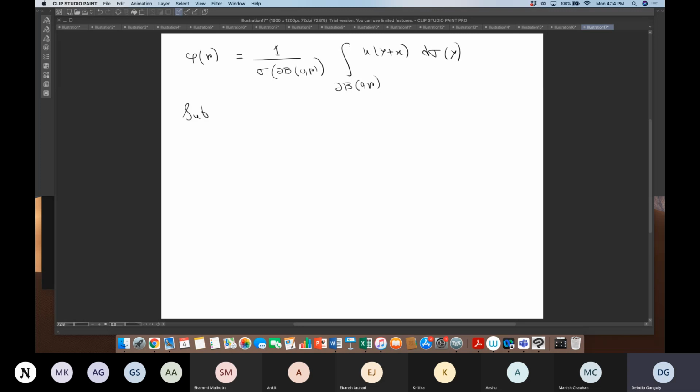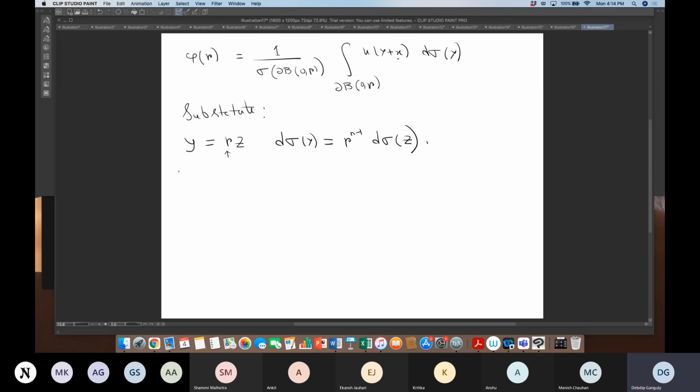Now I substitute y equal to rz, x is fixed. So what will be d sigma y? r is a scaling, r is fixed. It is r to the power n minus 1. Exactly.